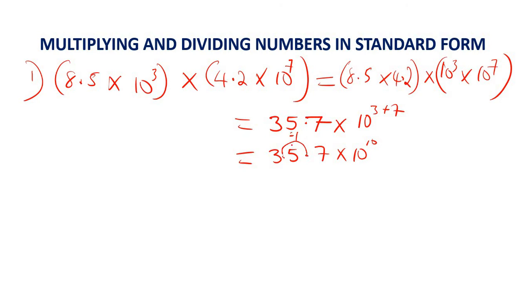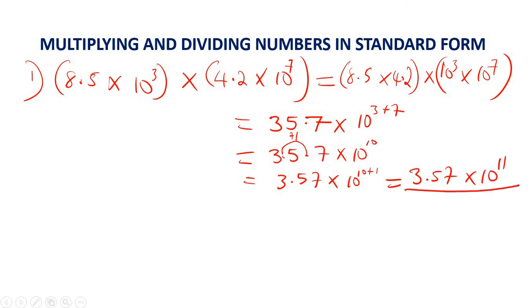I'm going to add it to this, and that becomes 3.57 times 10 raised to the power 10 plus 1, which gives us 3.57 times 10 raised to the power 11. And that is our final answer. So that is it for the multiplication of numbers in standard form.